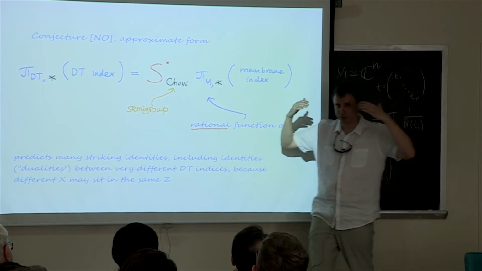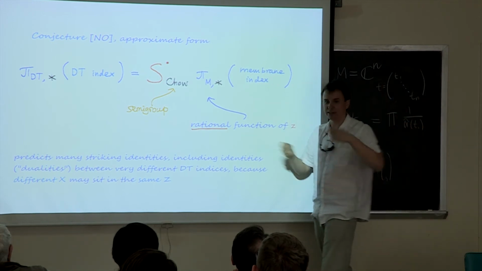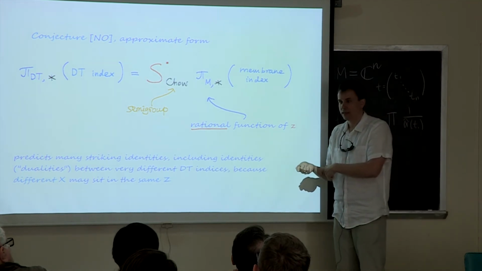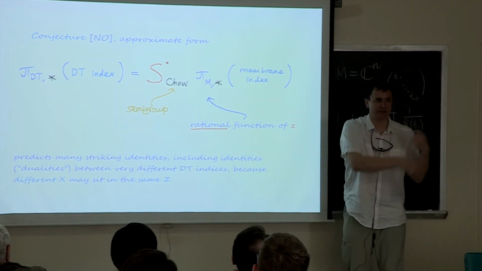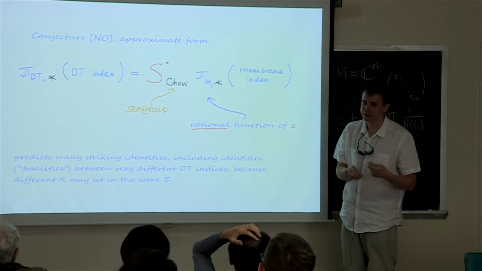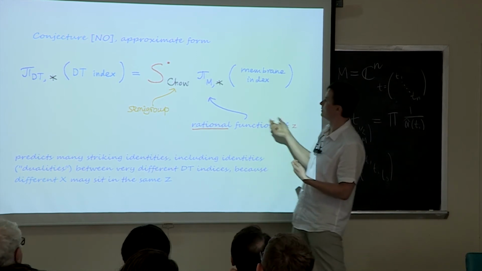And so then the statement would be that very different DT counts for different varieties are related, in which the box counting variables in one case go to the covariant variables in the other. So the left-hand side involves only x, yeah.